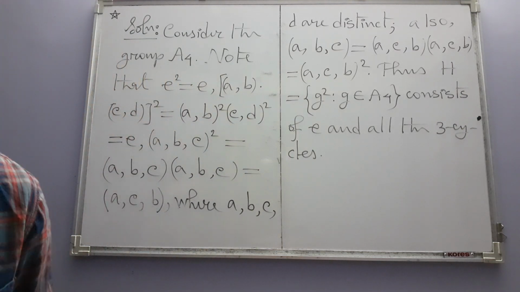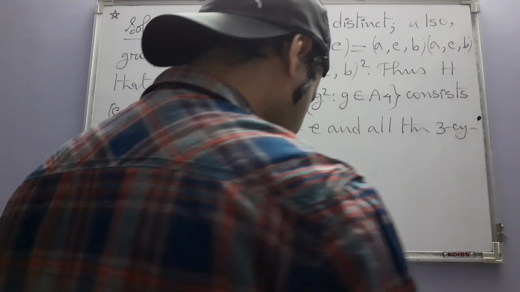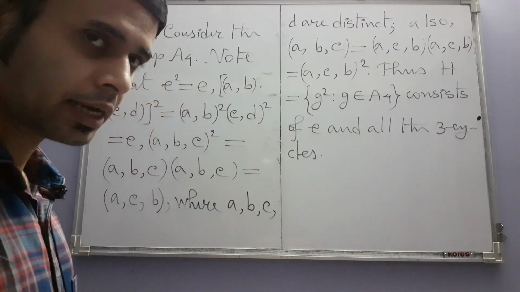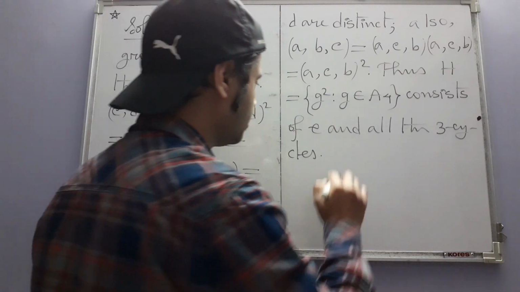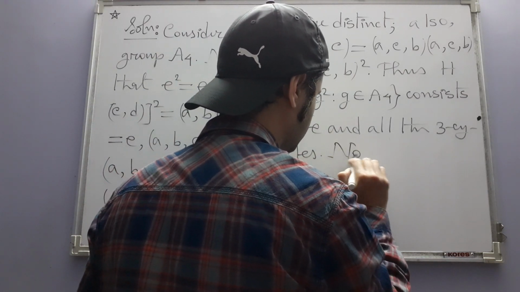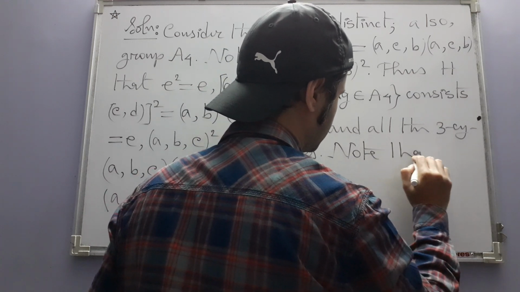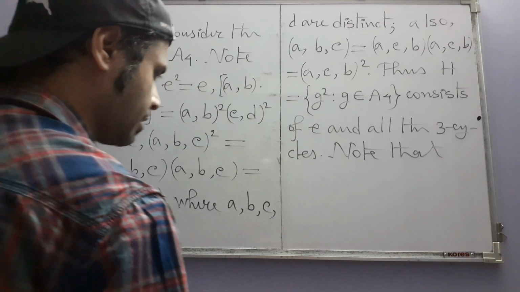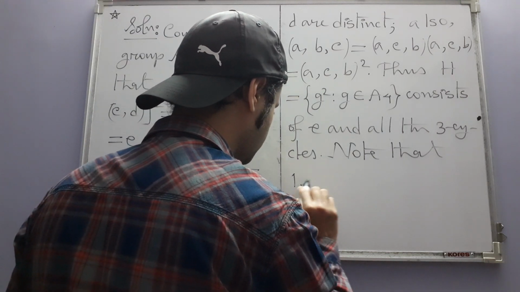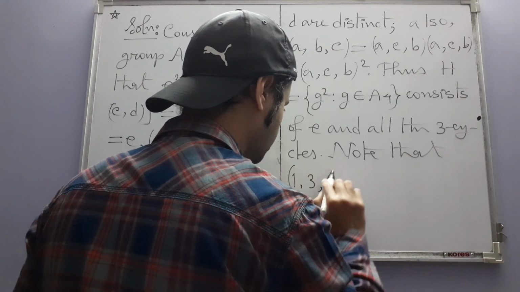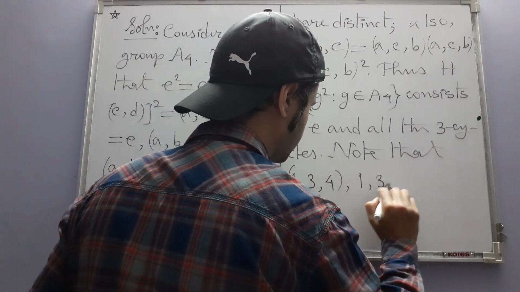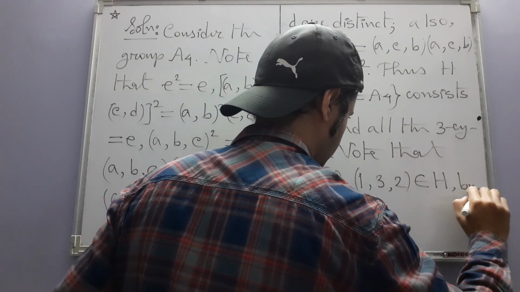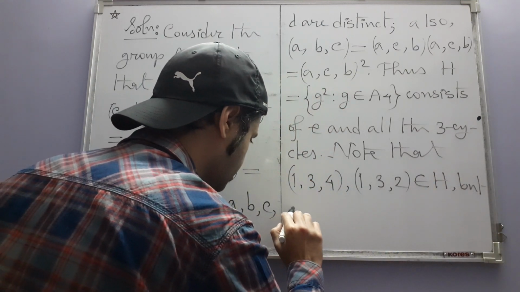To see why, you just need to consider the product of these 2 specific 3 cycles. It will not be a 3 cycle. Note that one of them is 1, 3, 4 and the other one is 1, 3, 2. 1, 3, 4 and 1, 3, 2 belong to H, but what about their product?